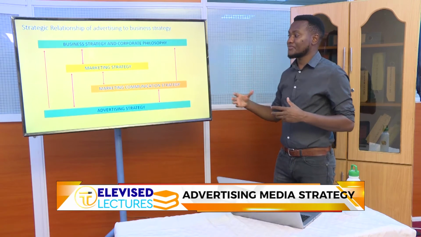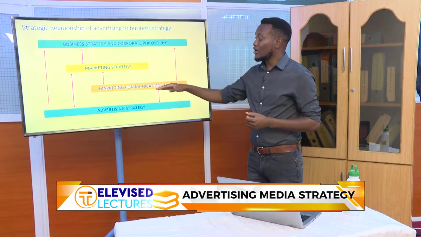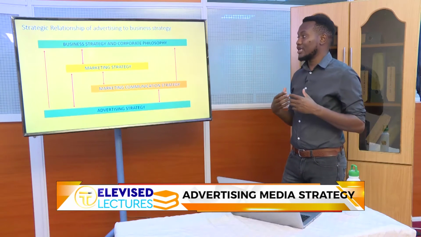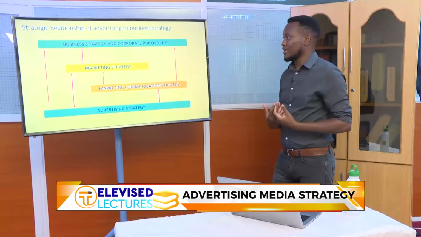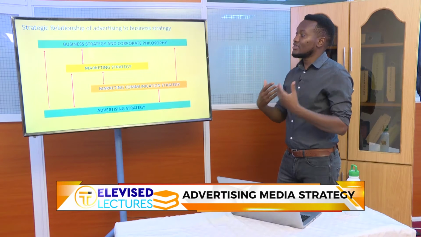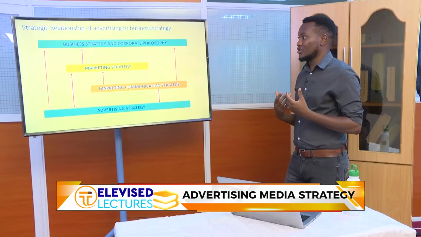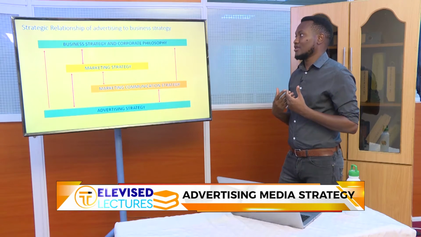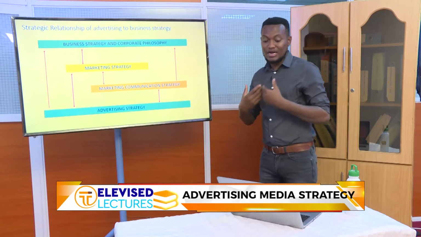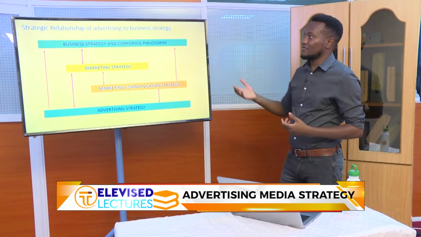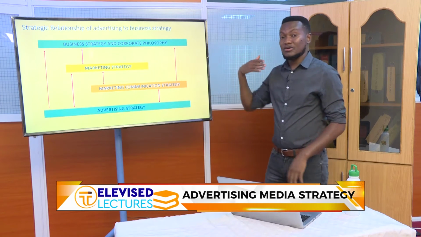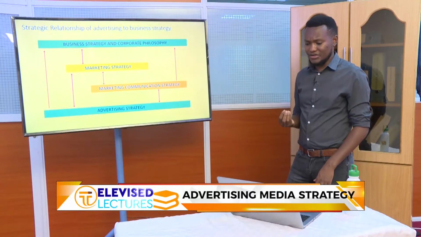In brief, that is called MACOM strategy, that helps organizations achieve their marketing strategy. And in turn, by achieving the marketing strategy of that business, the business becomes a success because it has achieved its corporate philosophy, or it has met its main objective.